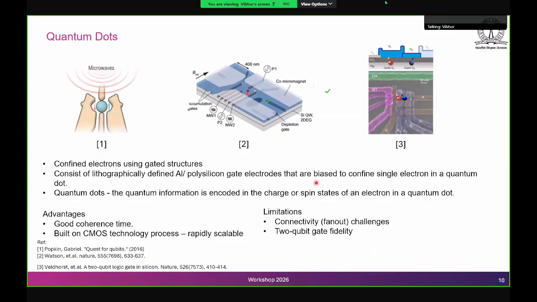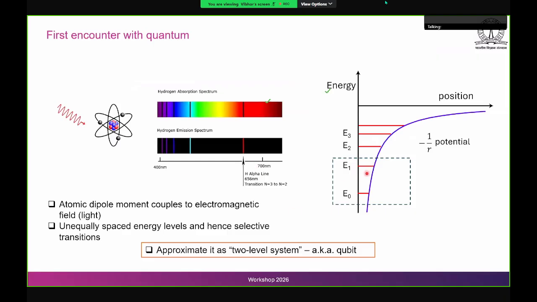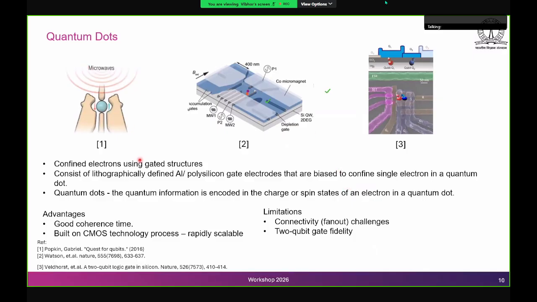There are other types of qubits which can be realized by lithography on a chip, etc. What we used here were the energy levels of an electron in an atom as the degrees of freedom to encode a qubit. You can also use, for example, the charge of electrons or the spin of the electrons in quantum dots.